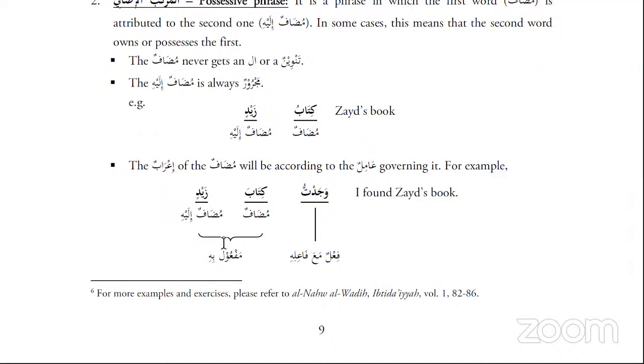Kitab is mudaf, possessed, and Zayd, mudaf ilayh, the possessor, meaning the person who owns the actual book itself. So mudaf is possession, and mudaf ilayh is the possessor.